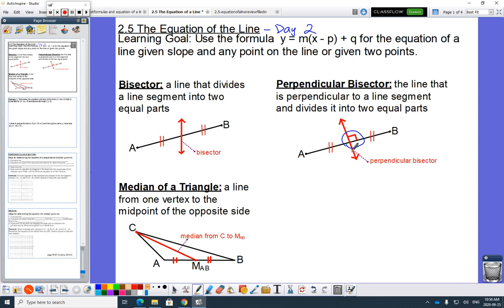So part of what we did on that legal sheet together was say, is a median perpendicular? Is this perpendicular? No. Whereas this is, obviously. So that affects the kind of slope we can use, okay?